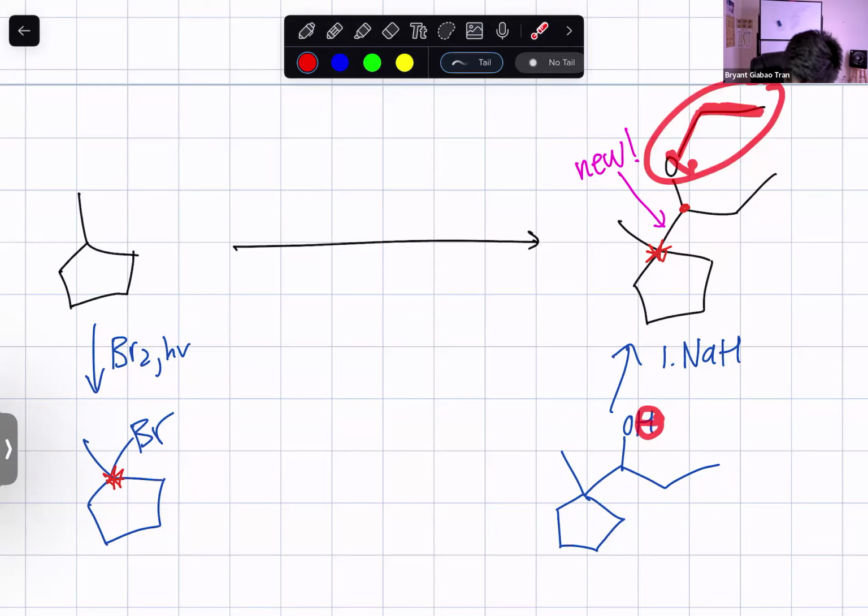If this was a nucleophile, how can we make this carbon here electrophilic? How can we make this carbon have a partial positive charge that is going to be attacked by the O minus? What is the second step of Williamson ether synthesis?